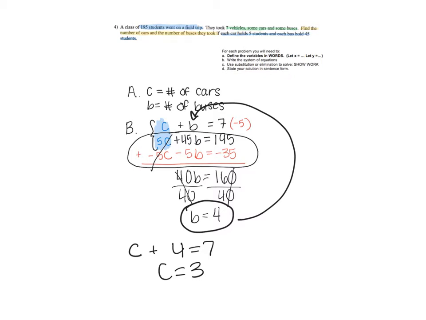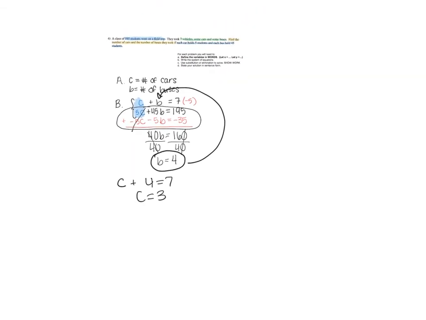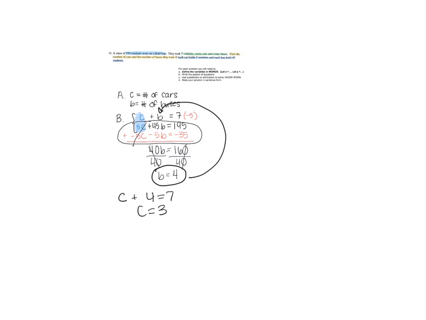I can check this by substituting in 3 and 4 for C and B in both equations. Here's my check over here. 3 plus 4 equals 7. That checks.